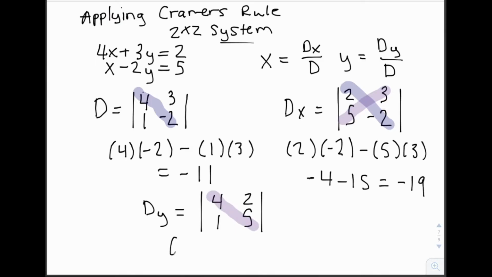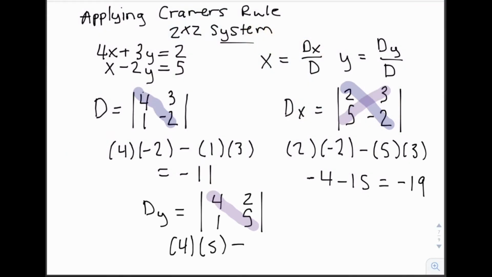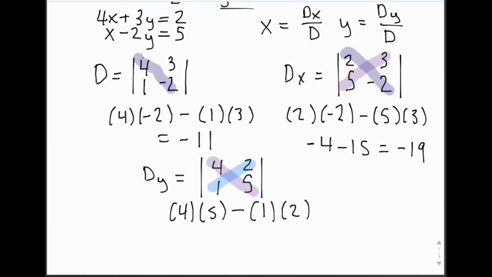So this will be a 4 times a 5 minus, let's go ahead and move in the upward direction. So that will give us a 1 times a 2 here. So minus 1 times 2. And let's figure out what values that will give us. So that will give us a 20 minus a 2, which is going to be equal to a positive 18.